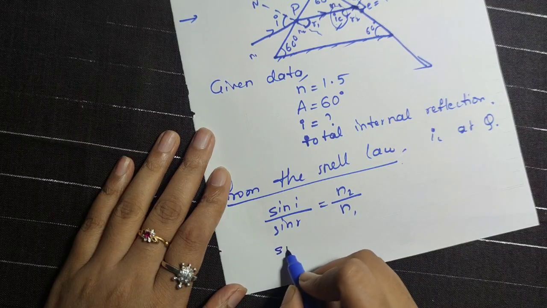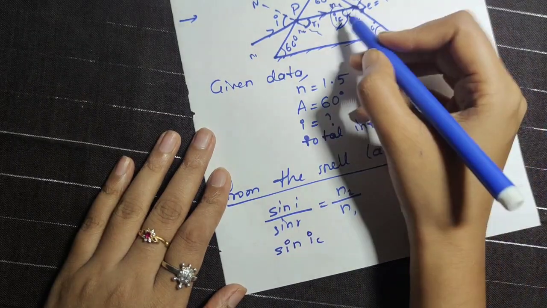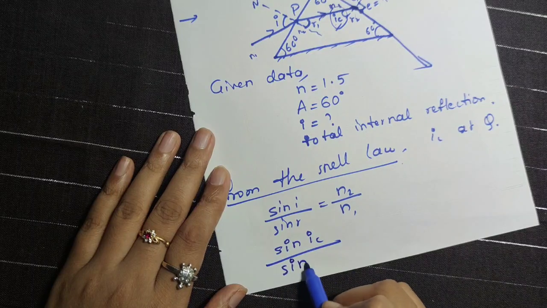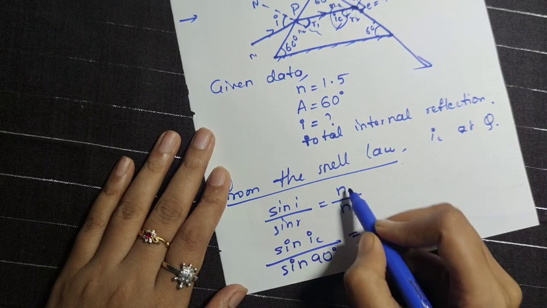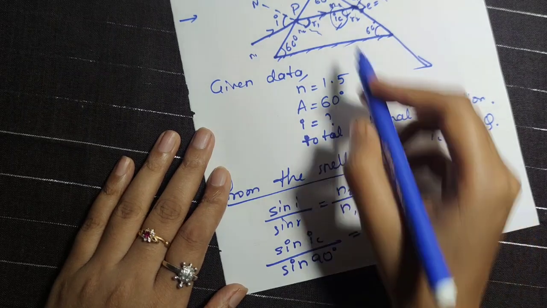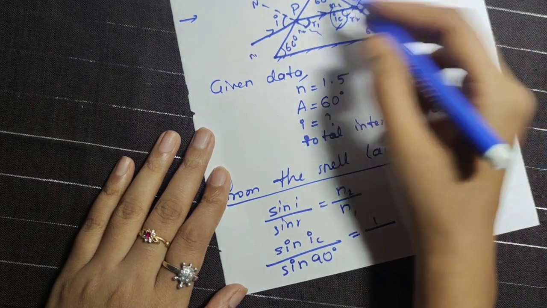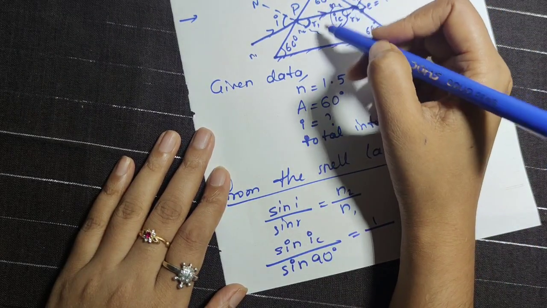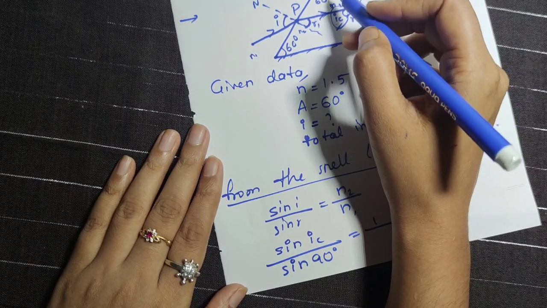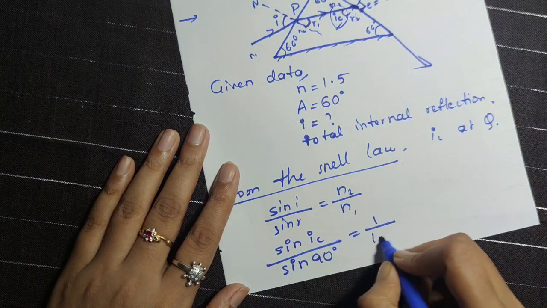the angle of incidence is the critical angle in this case, divided by sin r, which is sin 90 degree, which is equal to N2, air, which is 1, divided by N1, see, N1 of the given prism is 1.5.